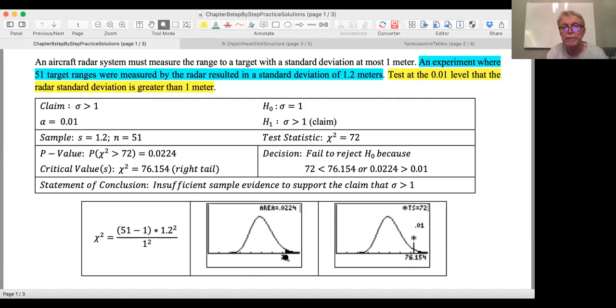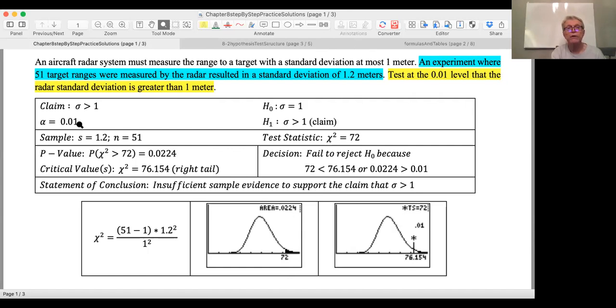Because it is a right-tailed test, we shade underneath the curve farther from the mean than the test statistic, to the right of 72. Since this is a one-tailed test, that area is the p-value, and the area is 0.0224 in this case. Now we compare that to alpha.